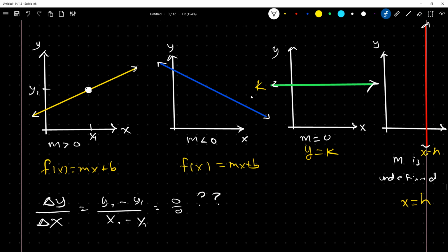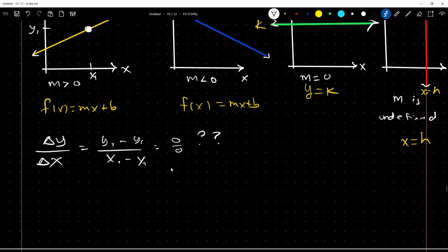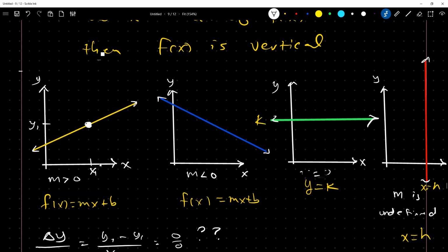But we know that it has to be m, right? Because it's a line. So we'll see that we can actually prove this using the limit and using calculus. Right now, it's hard to do without calculus.